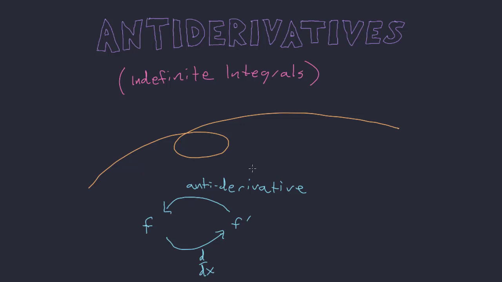So while we are leaving derivatives behind for a little bit, we still need to know our derivative rules really well, because all we're doing is reversing them here. If your derivative rules are really ingrained and well known in your head, you should be fine. All you're doing now is thinking backwards.